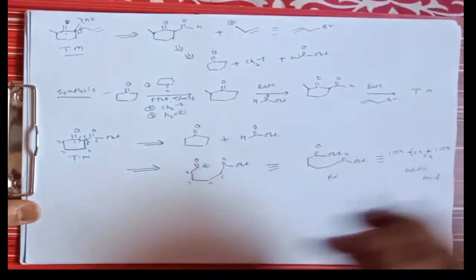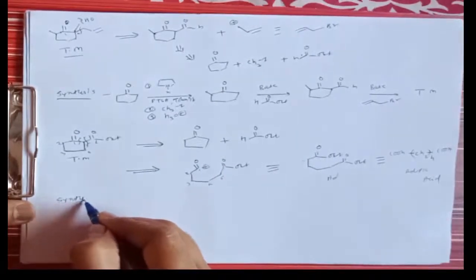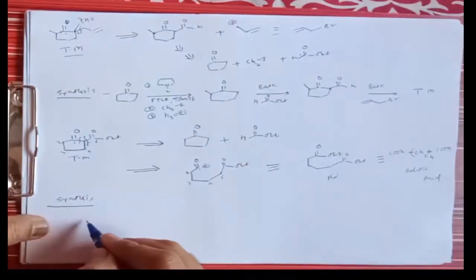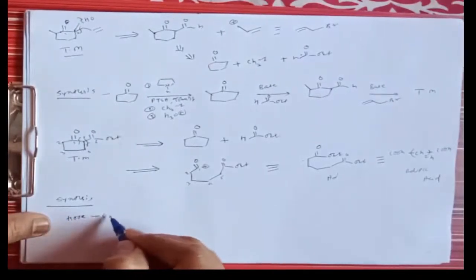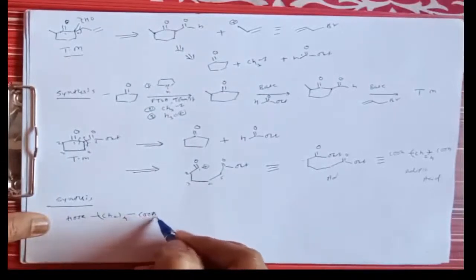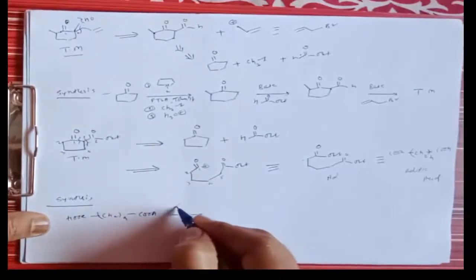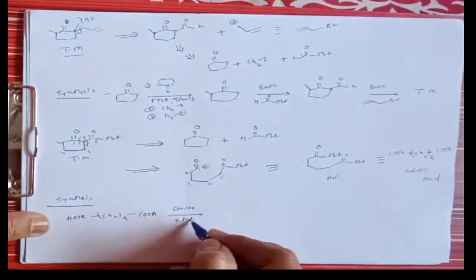We know that adipic acid is easily available, and then for the synthesis we take adipic acid, COOH, then CH2 four times, COOH, then we go for the formation of the ester with sodium ethoxide in presence of ethanol.